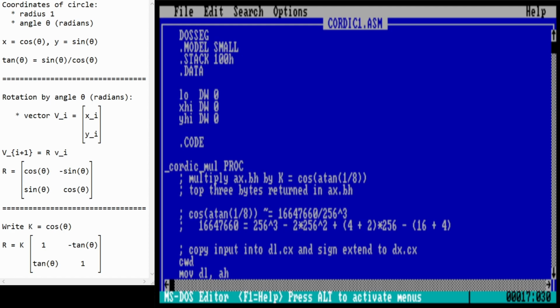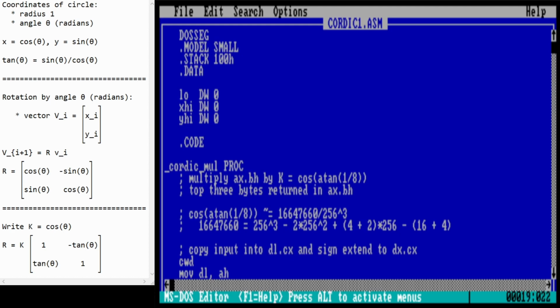But whenever we do shifts here, it looks like we're at least shifting by a byte here. We've got 256 squared divided by 256 cubed. And when we multiply by that, it's the same thing as shifting right by 8 bits. So basically, what I'm going to do to shift my input right by 8 bits is I'm going to make our 3-byte input into a 4-byte value and just blank out the top byte.